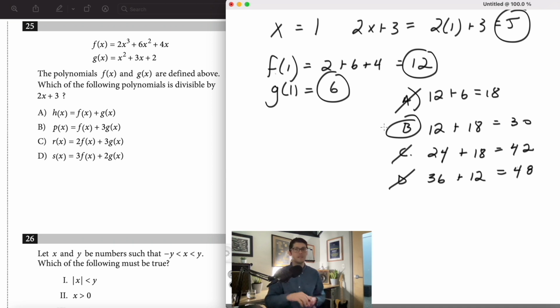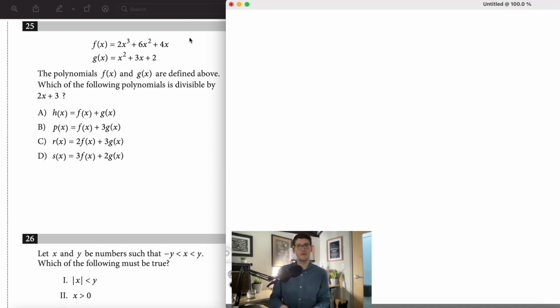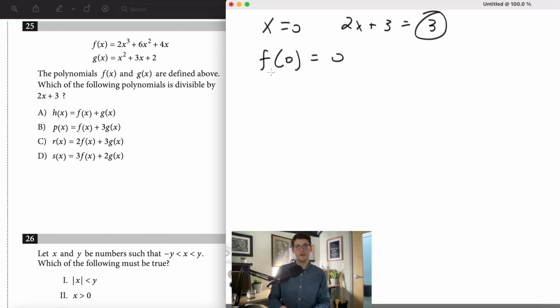The other really easy number you could try out, let's see what happens when x equals 0. When x equals 0, 2x plus 3 is equal to 3. We're saying what's divisible by 3? Well, f of 0 is just 0. g of 0 is 2. If you try out these answers, A would be 0 plus 2, not divisible by 3.